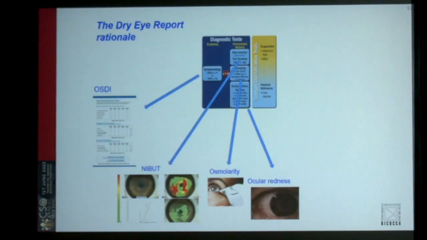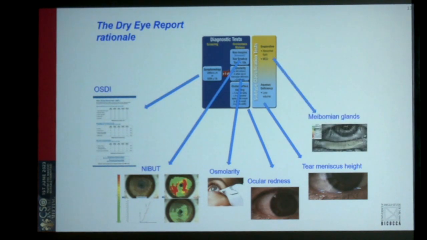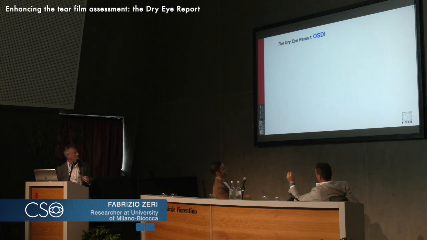Looking at osmolarimetry, actually, the system does not perform an osmolarimetry, but you can get it with another instrument and put the outcome inside the instrument. You can assess the ocular redness, measure the tear meniscus height, and finally you can have a look at the meibomian gland dysfunction, so the vitality of the glands.